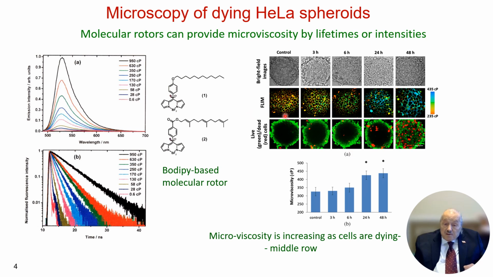If I draw your attention to the middle panel here, as the cells are dying, this is a FLIM image, calibrated to the microviscosity over here. The microviscosity is going up as the cell is dying. I don't know why that's the case, but that's what happens with these particular cells.